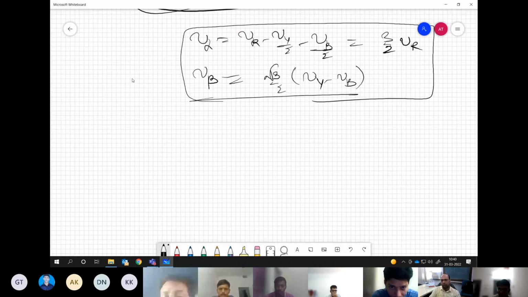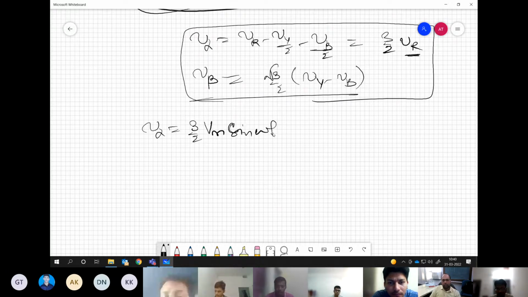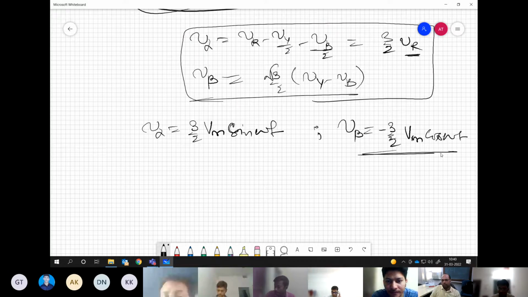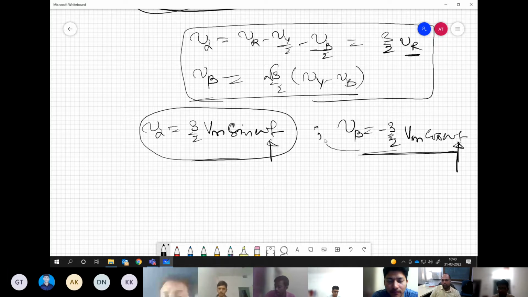And this is what we see also. If you expand Vr, Vy, Vb in a balanced manner, you would find this comes out to be sine omega t, and this would come as minus 3 by 2 times Vm cos omega t. So the dependency on time is coming here as well.